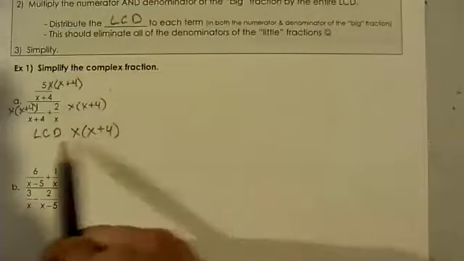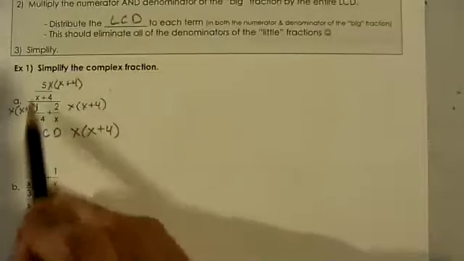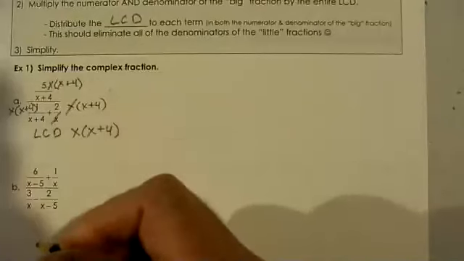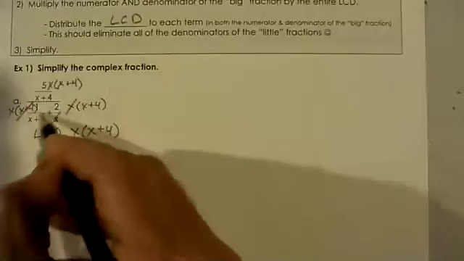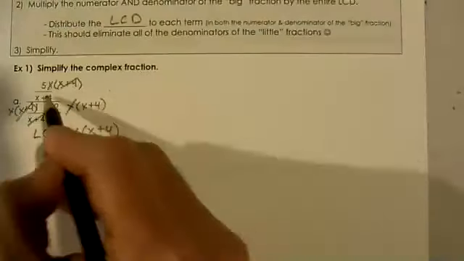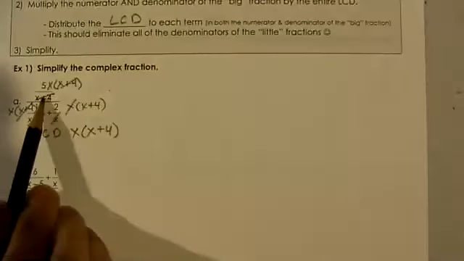So now by taking your LCD and multiplying it to each of the terms, you are now going to cross out what you can. So now you notice each of the denominators disappeared. They all got eliminated.